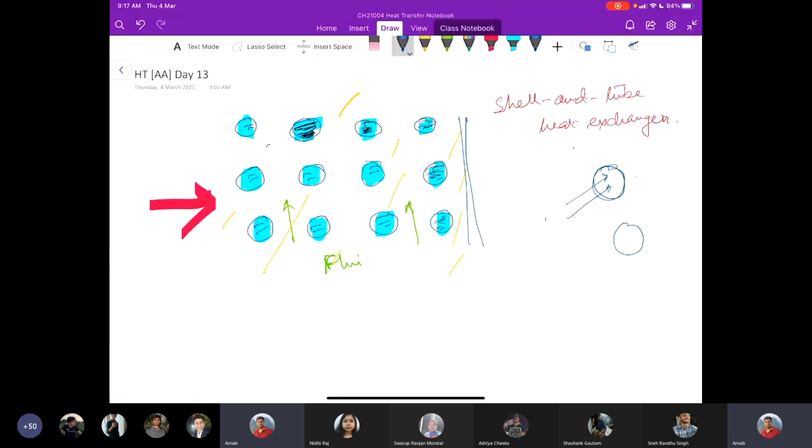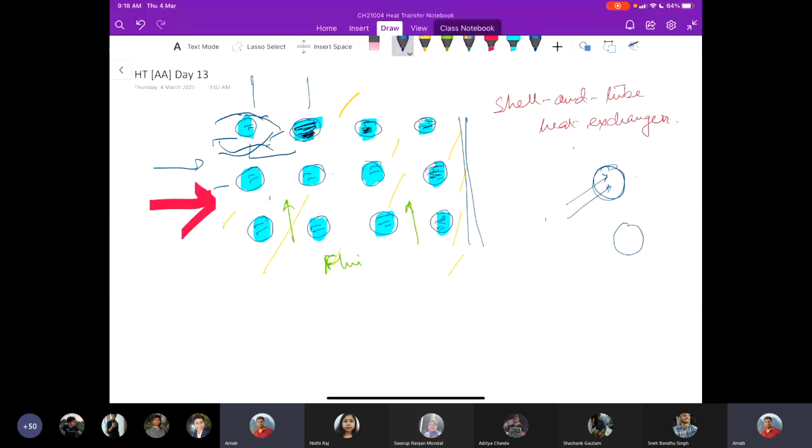The simple reason is that the flow field changes. Say the flow is happening from this side to this side. Once the flow passes this object, then in the downstream, if these tubes are closely spaced, these columns are closely spaced, or even the rows are closely spaced, then the flow field, once it crosses the first column, is influenced by the presence of the neighbor column or bank of tubes.